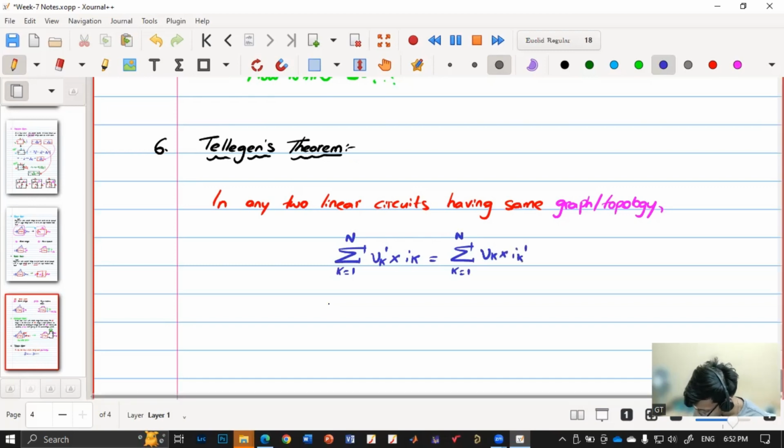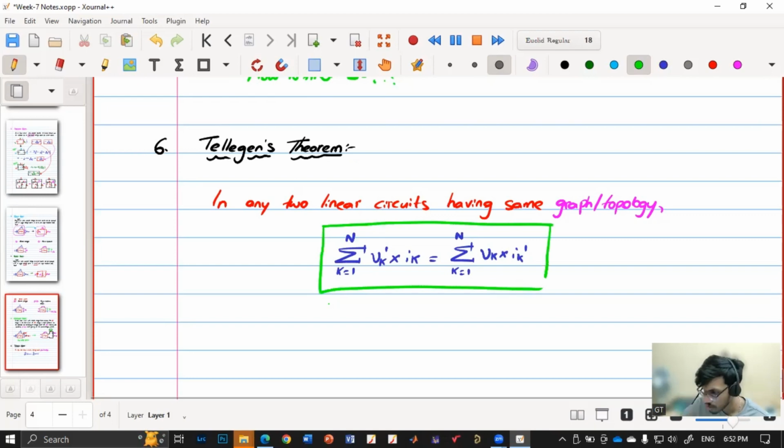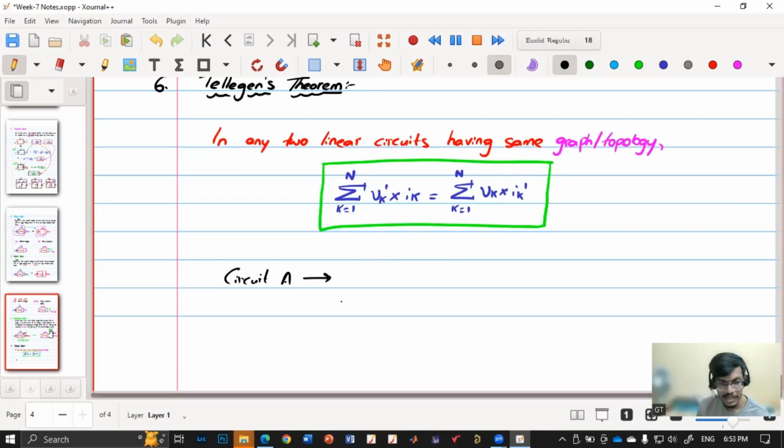Let me explain what Vk dash and Ik dash are. We have considered two circuits. Say one circuit is circuit A. In circuit A there are n number of branches, so for the kth branch, the voltage is Vk and the current through that branch is Ik.